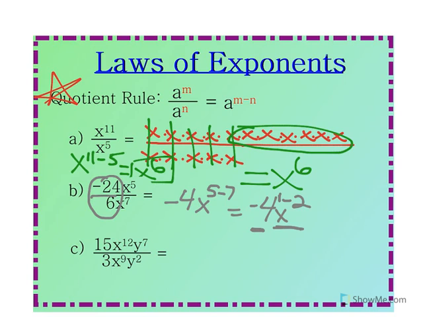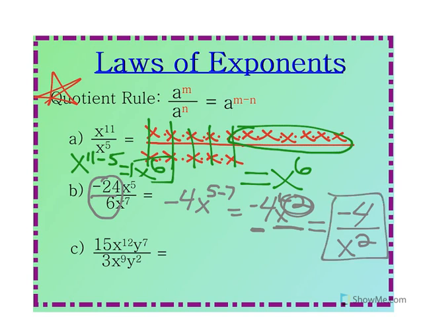What you're going to see in just a few slides is that any base that has a negative exponent, we will take its reciprocal. The negative 4 had a positive exponent, so it stays in the numerator. However, the x had a negative exponent, so we take the inverse of it. We flip it, send it to the bottom, and it becomes a positive exponent.